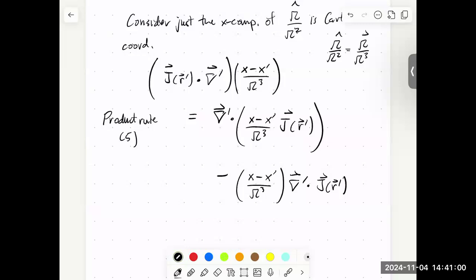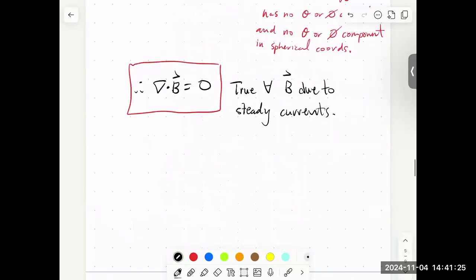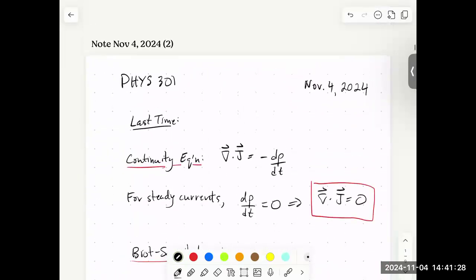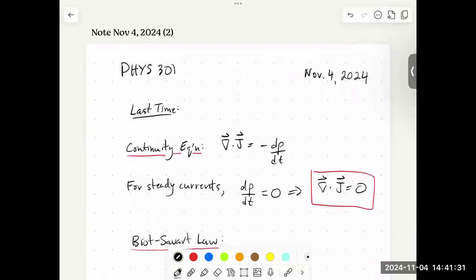All right. Now, previously, when we were looking at derivatives of this function of r prime, we said that these were going to be 0 because these were derivatives with respect to unprimed coordinates. But that's not the case anymore. I still want to make this 0. Does anyone know why it would have to be 0? Steady currents. So if we go all the way back, one of the things that we looked at last time was this continuity equation and the Biot-Savart law for steady currents.